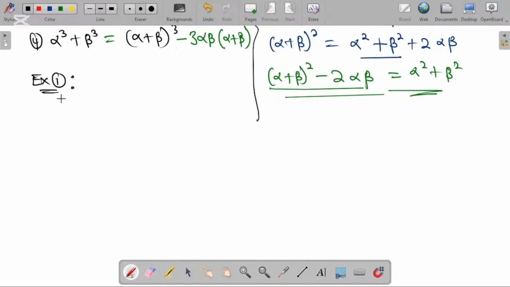It says form the quadratic equation for which the sum of the roots is 6. Okay, we want to get the quadratic equation whose sum of roots is equal to 6. Now remember we said that we use roots alpha and beta to represent roots. So whenever you see me write alpha plus beta, it means I am summing the roots.